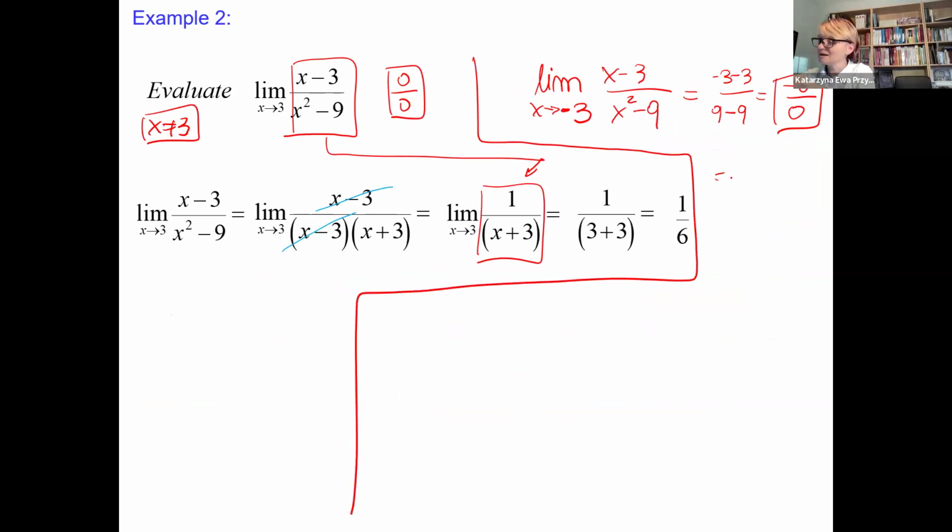Let me do this. I can rewrite it as -6 times 1 over 0. We have a negative, that's why we have to be careful. It's 1 over small, but we have to make sure that the small number is positive or negative. This is actually a good limit.